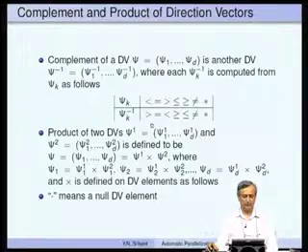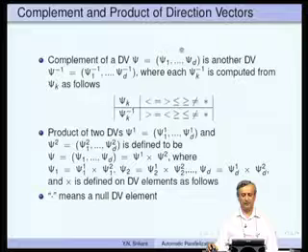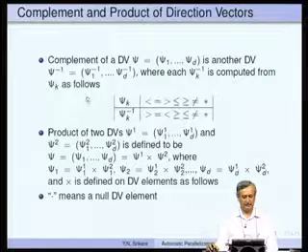We also defined the complement and product of direction vectors. These are needed to compute psi inverse and psi 1 cross psi d etcetera. So, if psi k is this, then psi k inverse is defined to be the complement. If it is less than, then psi k inverse is greater than, etcetera.